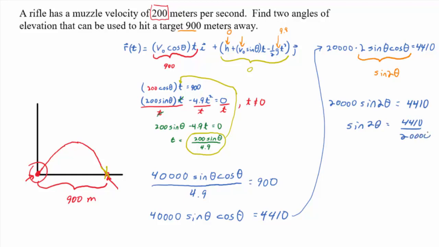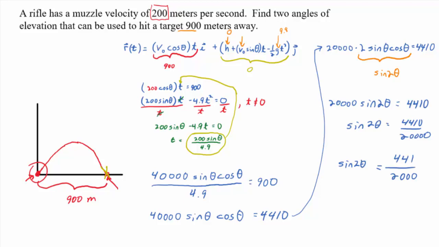That's less than 1, so this equation is going to have, probably, 2 answers, right? So what would that reduce to? 441 over 2,000? I don't know if 441 is prime, but I don't really care. I'm just going to leave it like that.